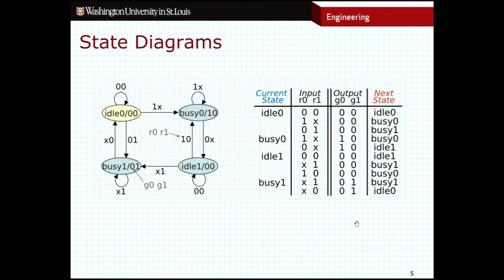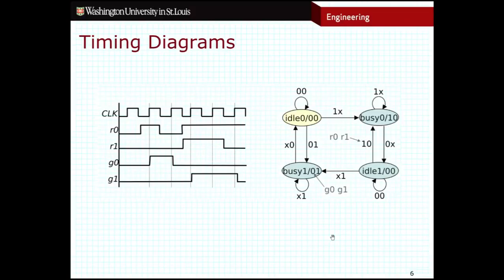Finally, the last thing that I'd like to show you is a timing diagram for this particular example. Again, you can see I have the state diagram over here on the right-hand side. And so the question is, what state are we in as we progress through these different timing sequences? Now, the first thing that you should know is that for every finite state machine, our state can only change on the rising edge of the clock.